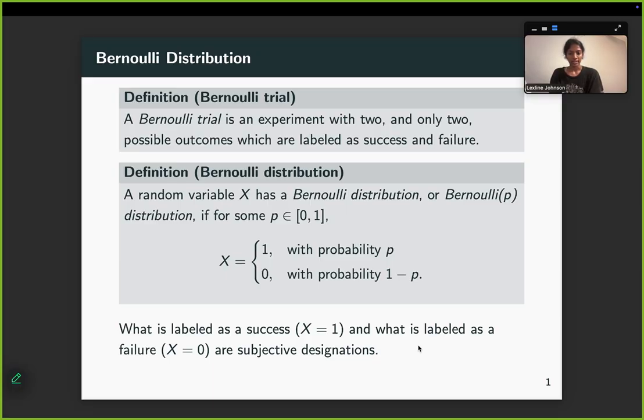Our outcome X is either 0 or 1, and it's 1 with probability p, where 1 is success, and failure, which is 0, with probability 1 minus p. What we label as success and failure is subjective, but here we're labeling X equals 1 as success and X equals 0 as failure.